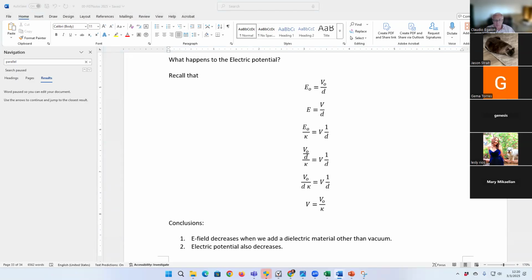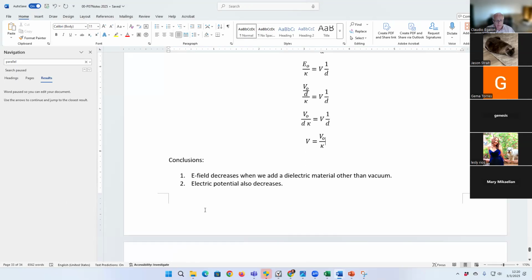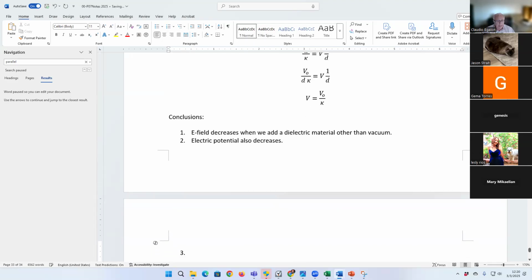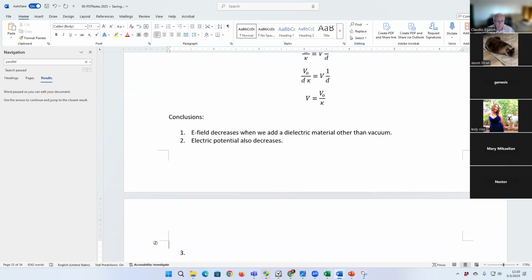So what time is that? 12:20. That's the conclusion that we get. There are other conclusions that we can draw from that too, but let's have our break first. It's 12:20 p.m. right now, until 12:35 p.m. You know what?